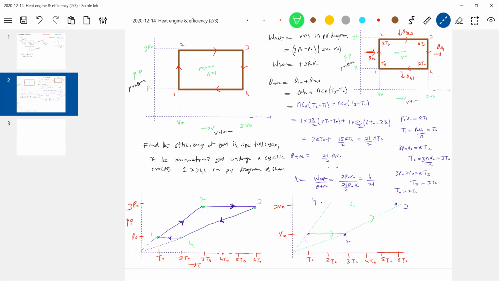Let me plot this one properly because it will give a wrong idea to students. This will be 4, 3, 2.